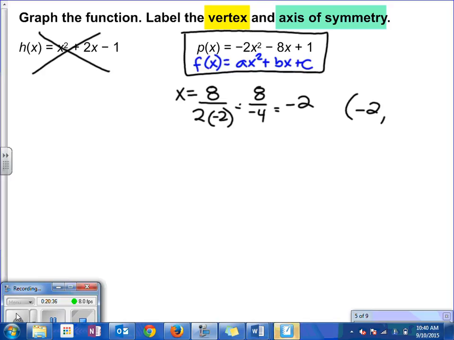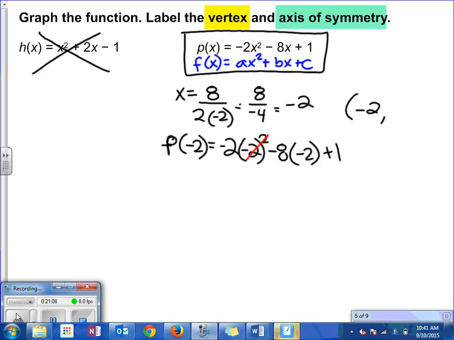After you find out that x is equal to negative 2, plug that back in. I guess this is p of x, so we want to do p of negative 2. And we'll plug in negative 2 everywhere we see x. Again, a reminder, if you're going to use a calculator here, you need to include those parentheses. That would be very important. If you're not using a calculator, your order of operations is important, so that we do the exponent first.